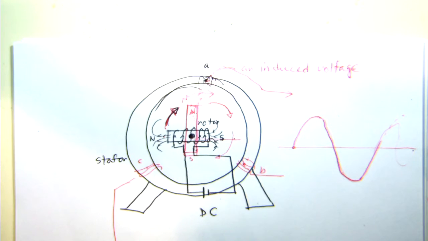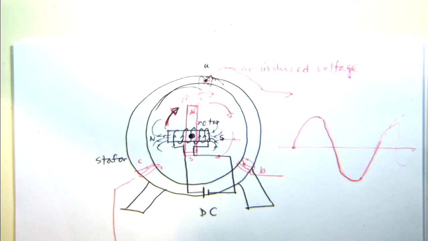P is the pole, number of poles. You have seen that in some other mathematical problems, tutorial questions. My question is, what is the value of P, pole here? What have we considered here? 2. And how many pole pairs? 1. So make sure that you are happy about that.